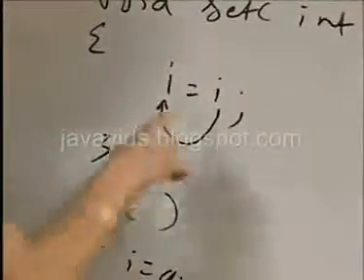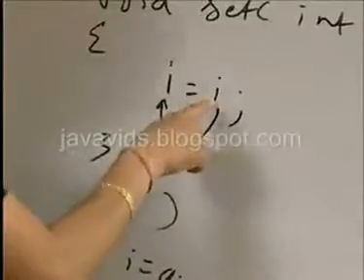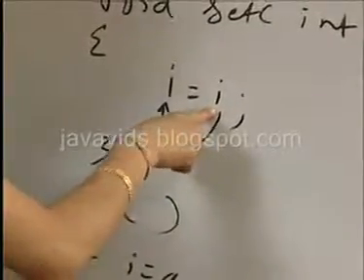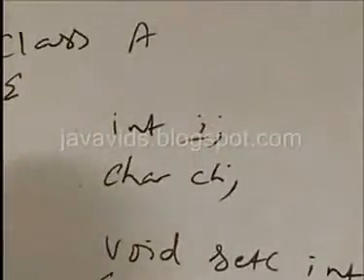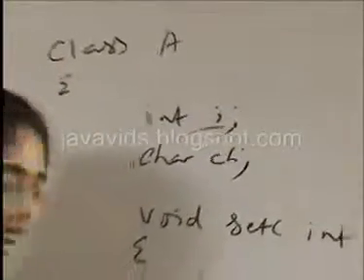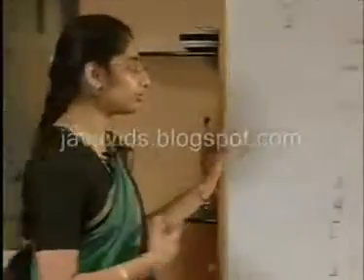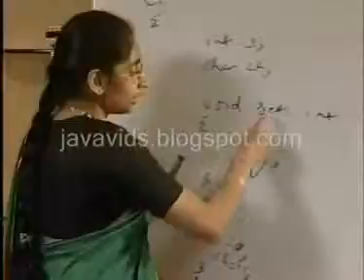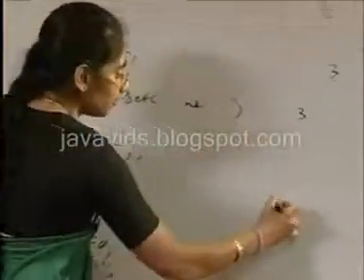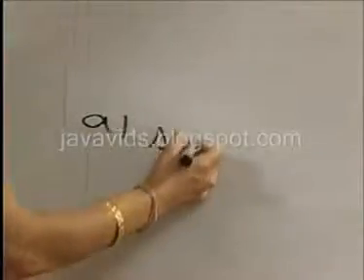But what you require here is the parameter variable i value should be equated to an instance variable i. Now how do I know which instance variable i we are talking about? In order to call the set method, you will make use of an object variable of this class and call the set method by passing the parameter.